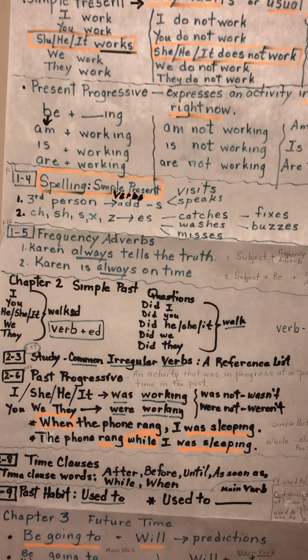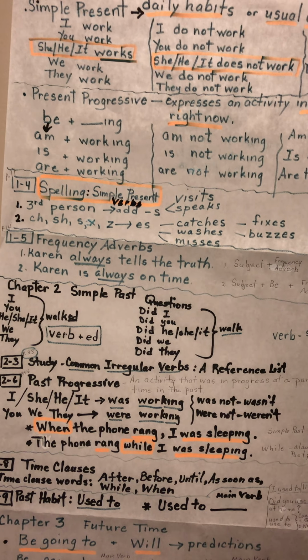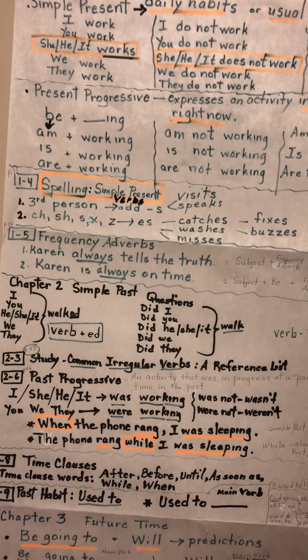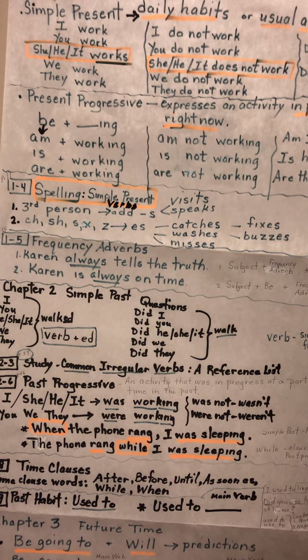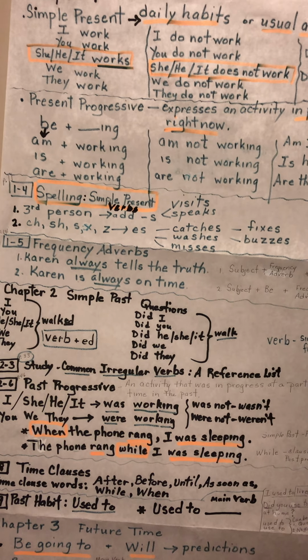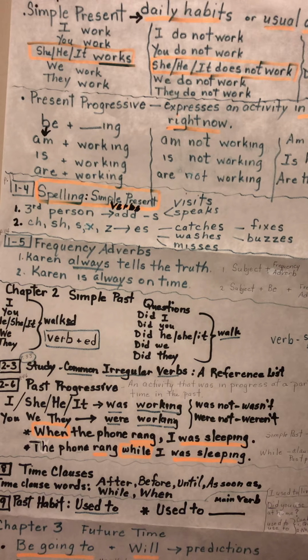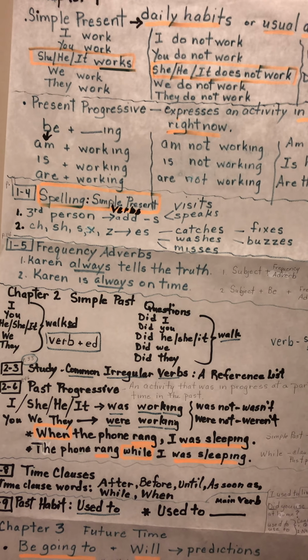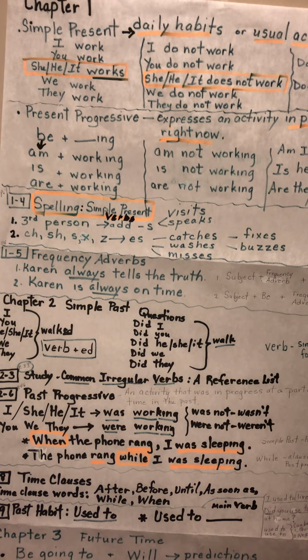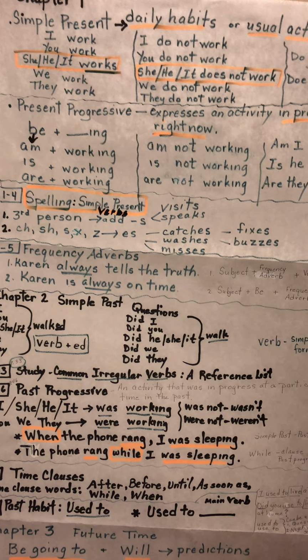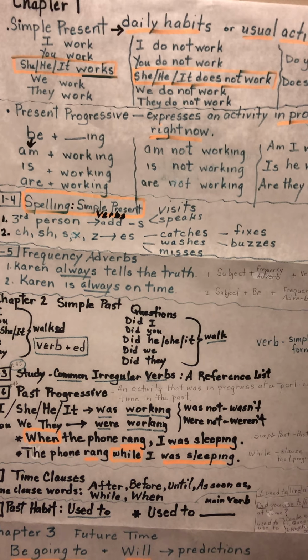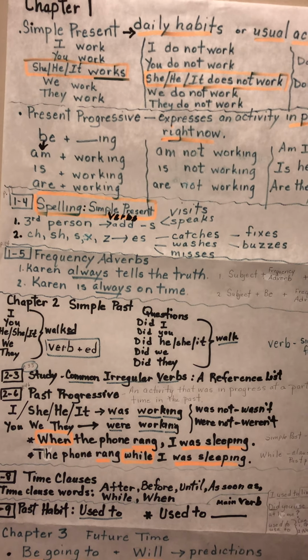The second sentence, Karen is always on time. This is using the be verb. When you have the be verb, it's a little bit different. You have the subject, the be verb, and then always. So study the locations.